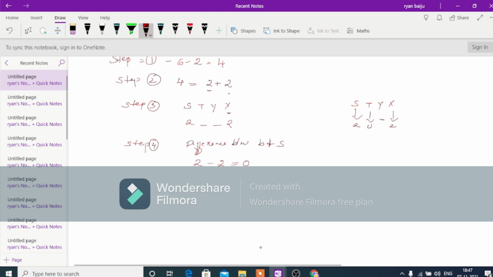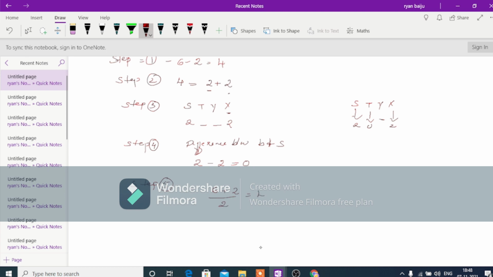Step 4, not 4, step 5. The sum of the styx numbers is always the average of the total number of H and B. The number of hydrogen atoms is 6, the number of boron atoms is 2. Therefore (6 plus 2) divided by 2.